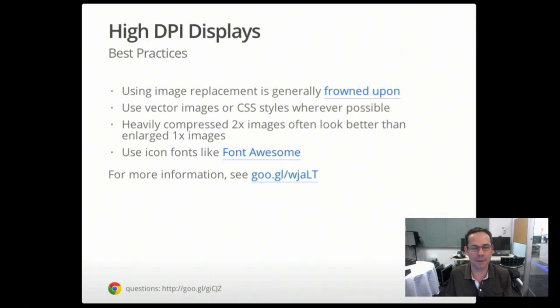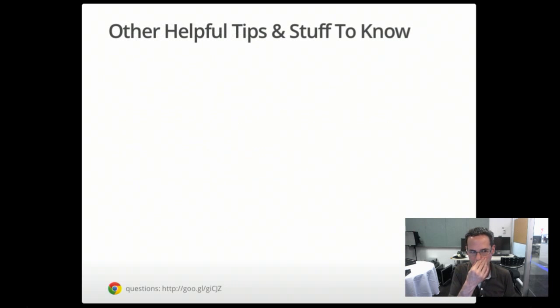They more often than not tend to be smaller in byte size, but also end up being as high quality, or beyond perception in terms of the degradation in quality that you're going to see if you take a 1x image and make it twice as big. As well, use some of the font icons or icon fonts like Font Awesome and other stuff.